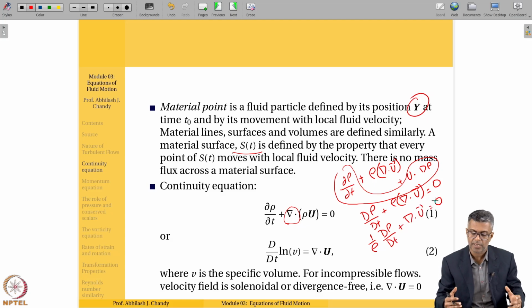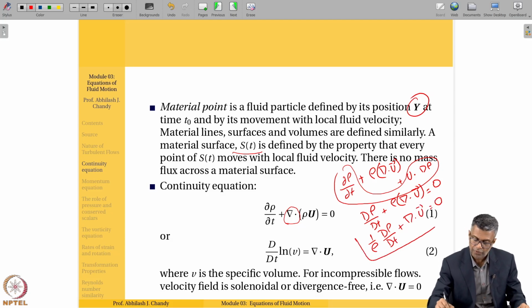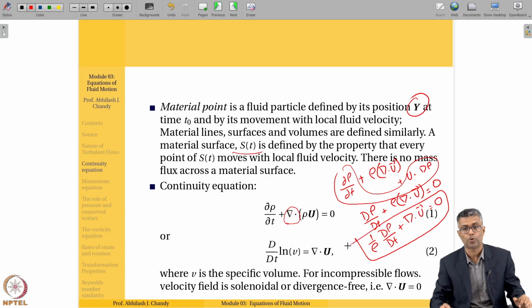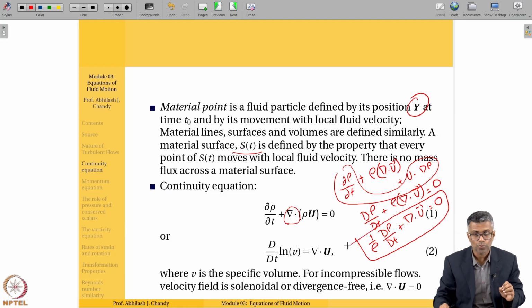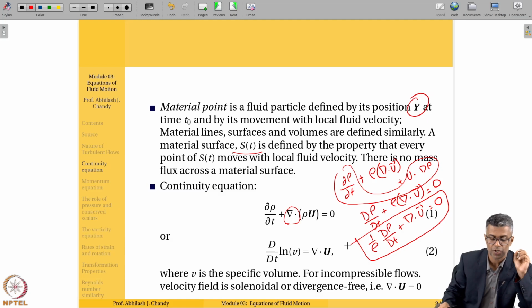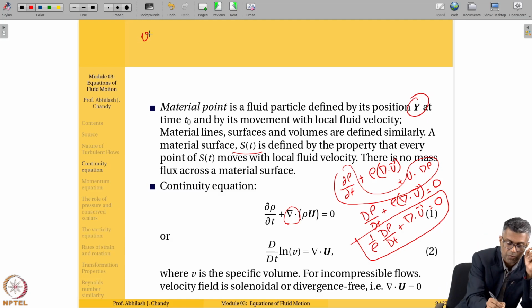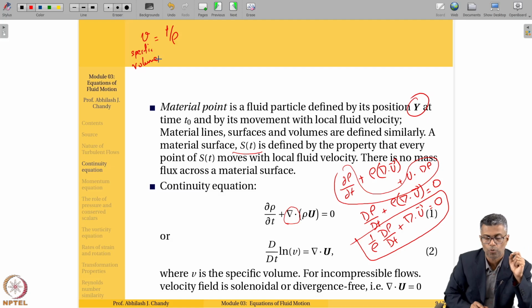I can write this in, so this is another way of writing the continuity equation. 1 over rho d rho dt plus del dot u is equal to 0. Now, if I use the definition of the specific volume, remember this is specific volume, v is 1 over rho.